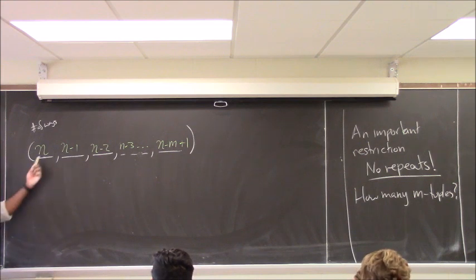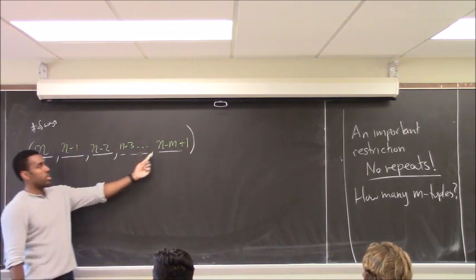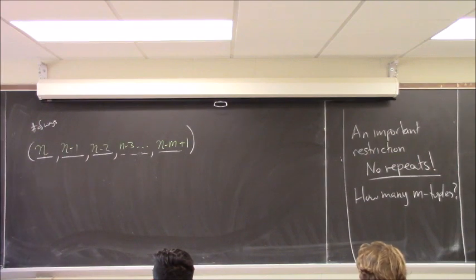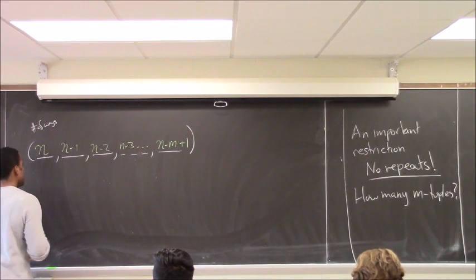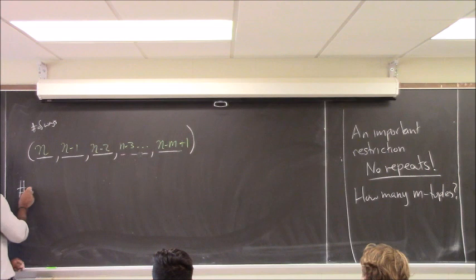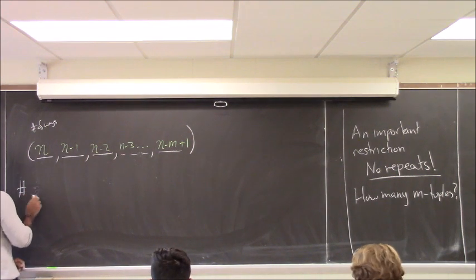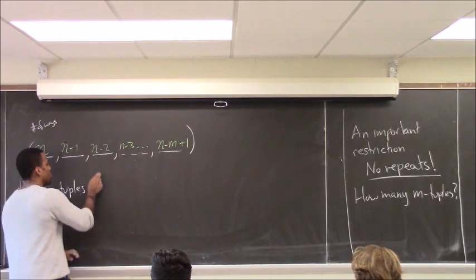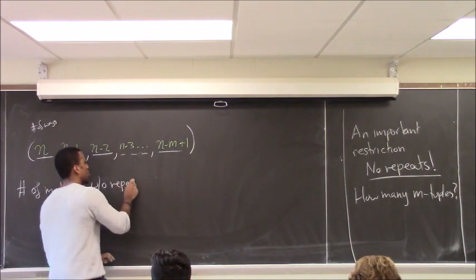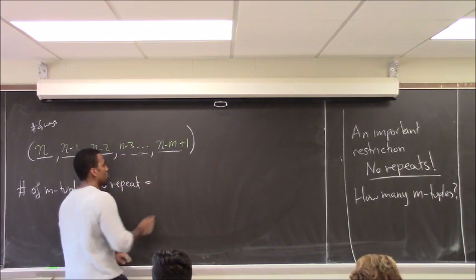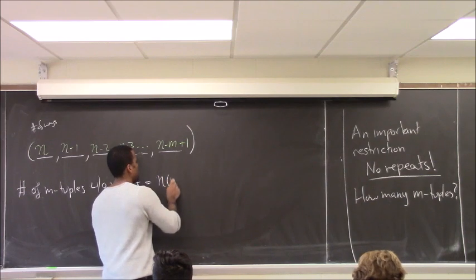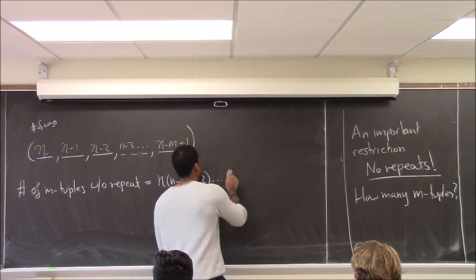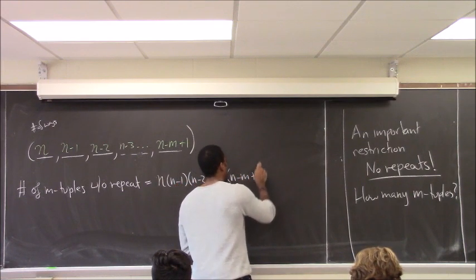You can think of this as n minus 0, 1, 2, 3. It'll actually count up to n when you end that. So the total number of m-tuples without repeats is going to be equal to n times n minus 1 times n minus 2 all the way out to n minus m plus 1.